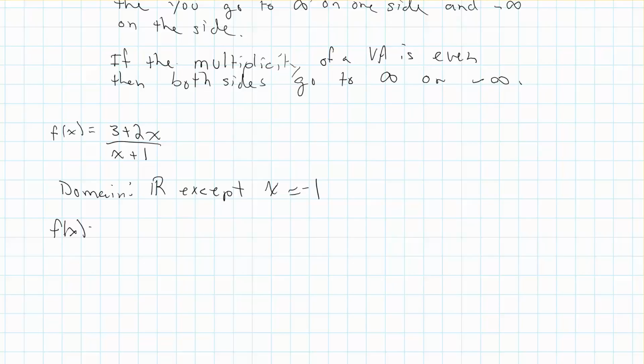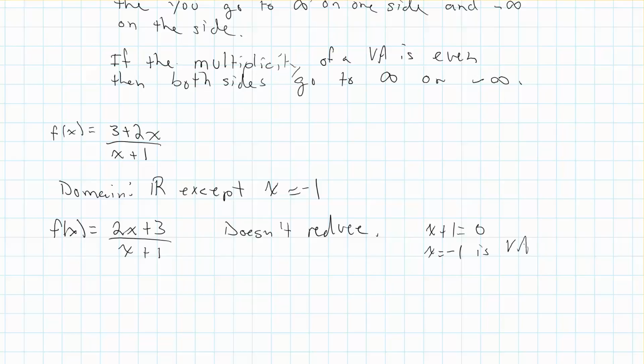Now I'm going to find horizontal and vertical asymptotes. So let's rewrite this as 2x plus 3 over x plus 1. Well, this doesn't reduce, so there's nothing I can do with that. And that also tells me that x plus 1 equals 0, so x equals -1 is a vertical asymptote.